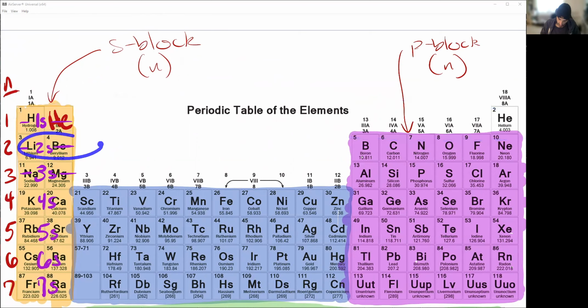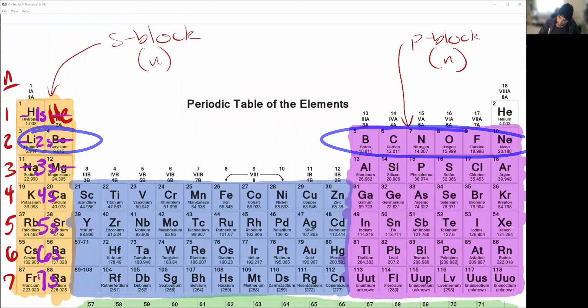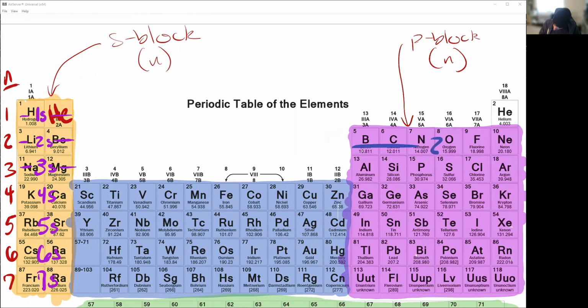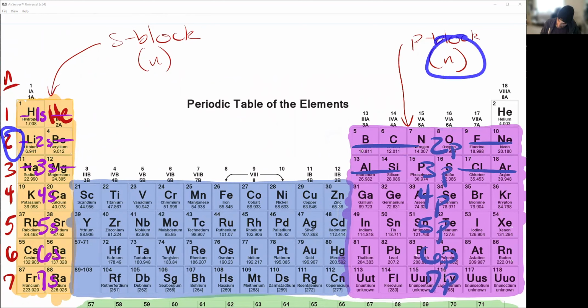The 2 is going to have a 2s or a 2p. So this right here, all of that is 2p. This right here is 3p, 4p, 5p, 6p, 7p. Again, because the number out front represents the n of that block. So if this is 2, this is the 2s, this is the 2p. This is the 3, this is 3s, 3p.